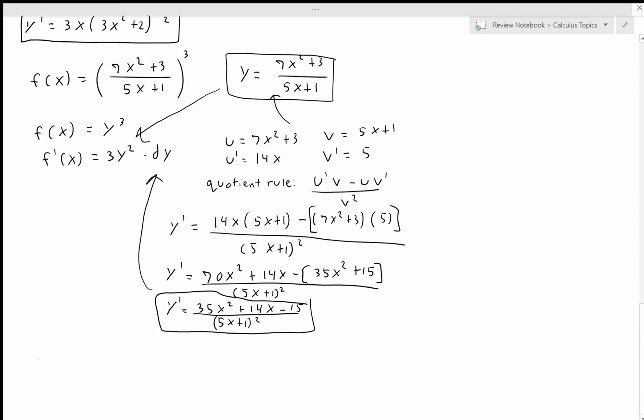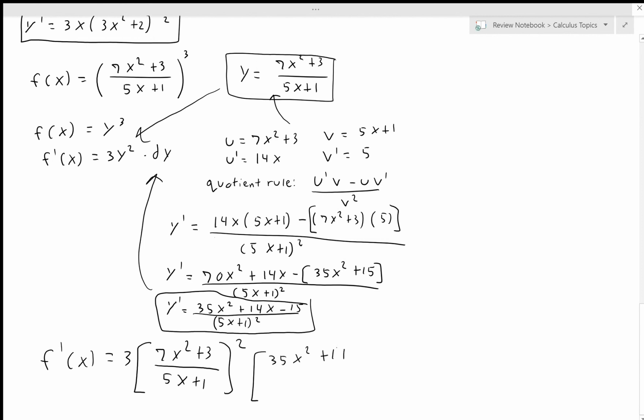So f prime of x would be 3 times the quantity of y, 7x squared plus 3 over 5x plus 1, that's squared, times my big derivative here, 35x squared plus 14x minus 15 over 5x plus 1 squared.